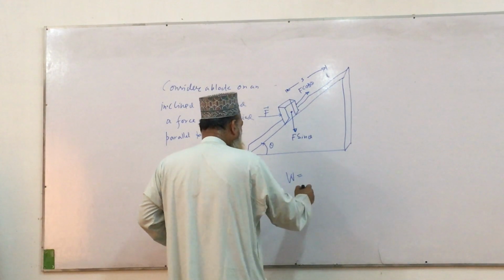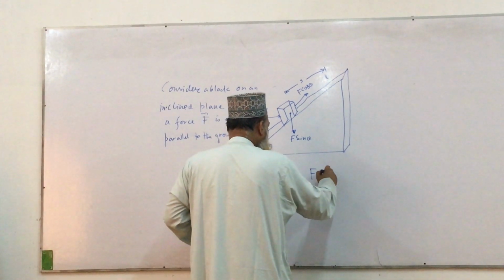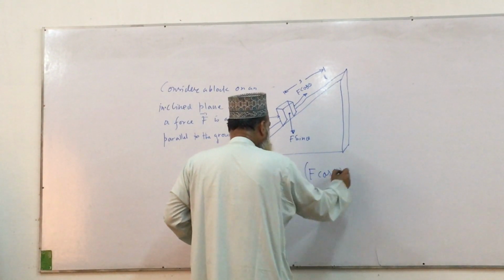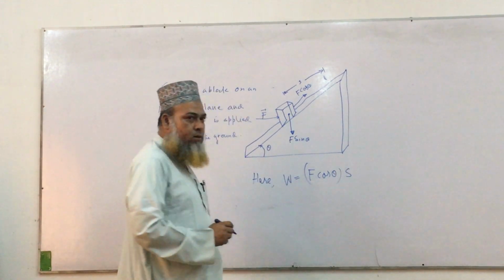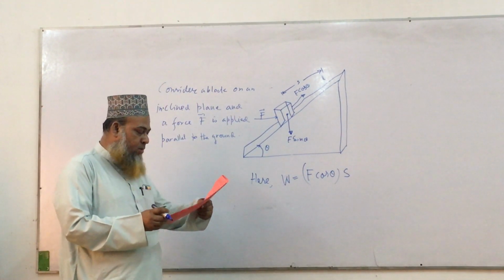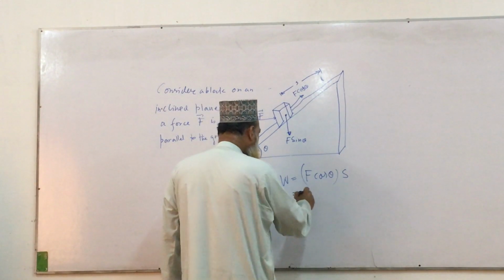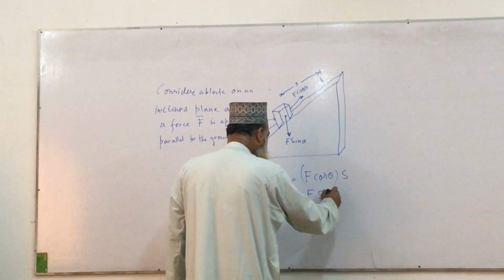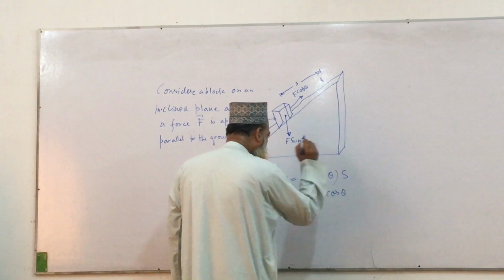W equals F cos theta multiplied by S, which is equal to F S cos theta.